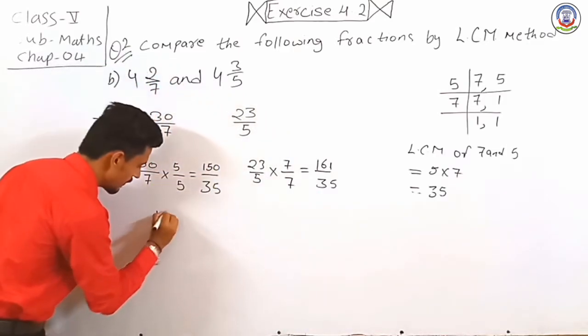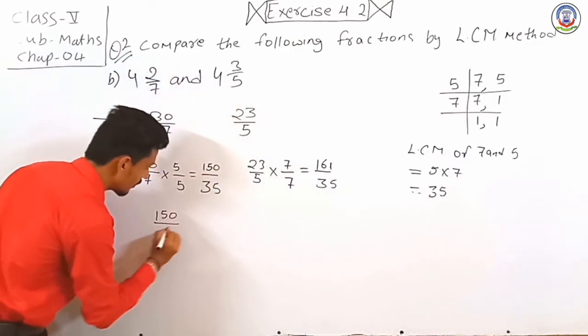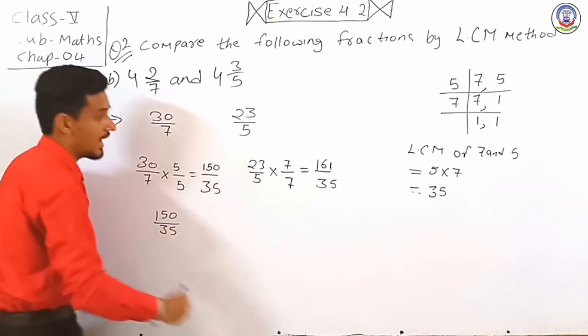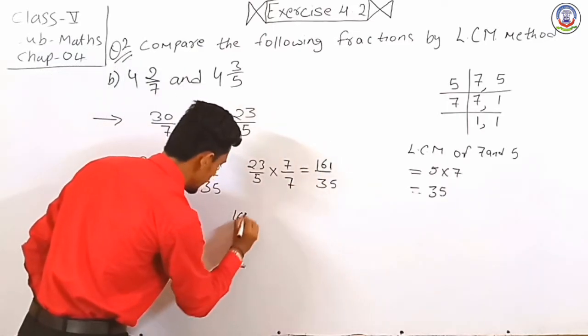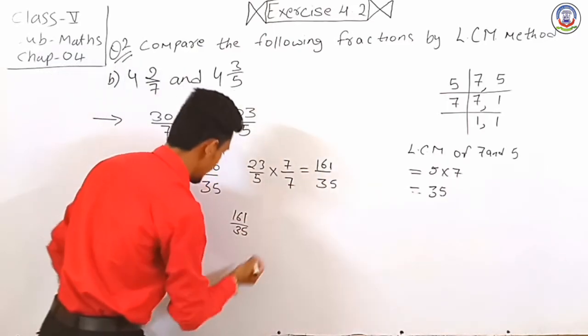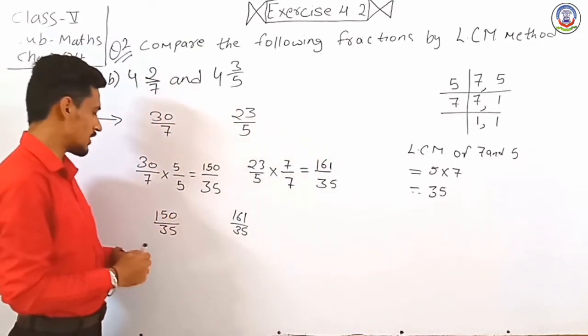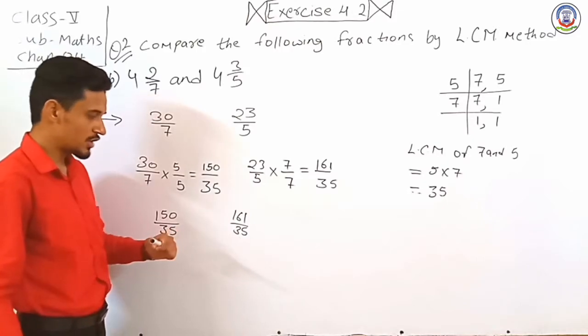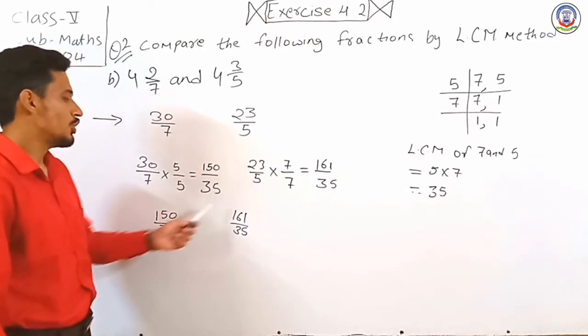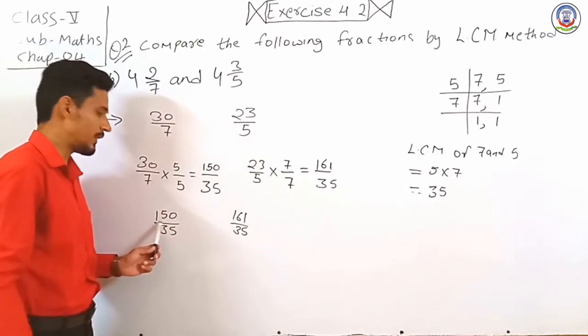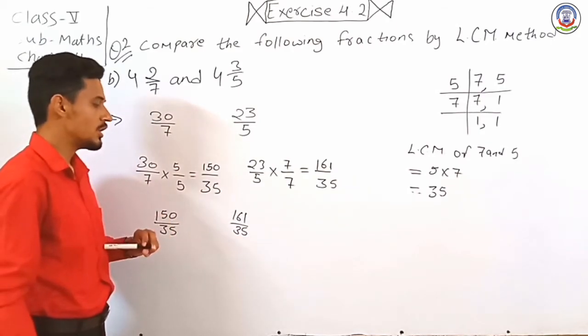So these are two fractions which we get after LCM. It is 150 upon 35 and here also 161 upon 35. Now we have 35 as denominator in both the fractions. So it is a like fraction. Now we have to compare the numerators. Here it is 150 and here it is 161.